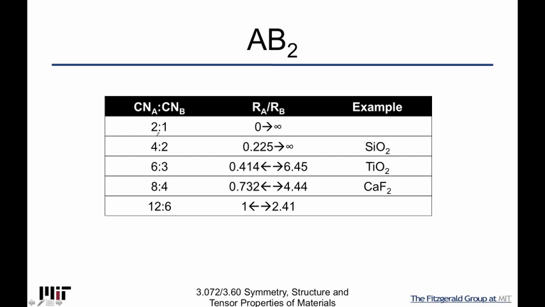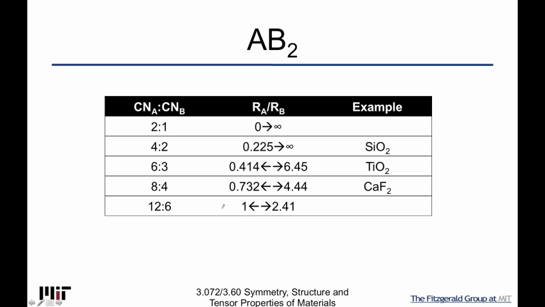Now again, all it is is the ratio of 2 to 1. It could be 4 to 2, 6 to 3, 8 to 4, 12 to 6, right? Again, not too many restrictions until you get up to 6 to 3. Then the windows are still pretty wide.